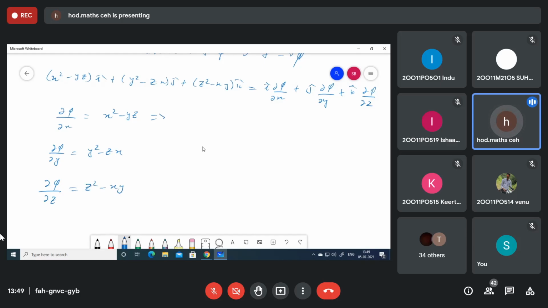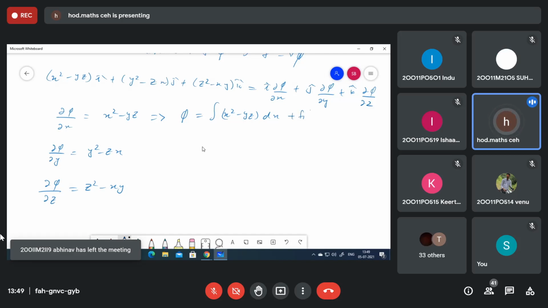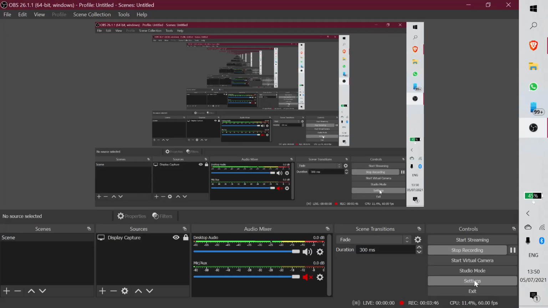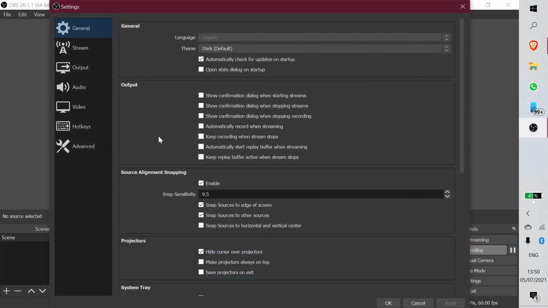So from here, if you integrate, you will get phi is equal to integral x square minus yz dx. Is it or not? Plus some function in terms of x, y, z. So the result for this one will be x cubed by 3 minus xyz. Understood all of you? Yes, ma'am.